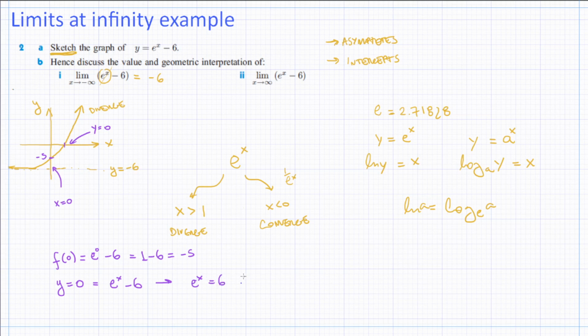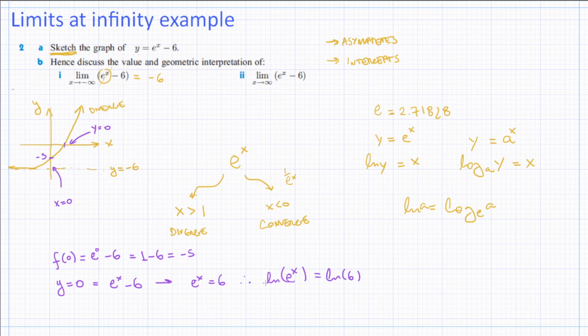Now to get rid of this, we will have to use our logs, natural logs. So if we take the log on both sides, I will write down as many steps as I can so you understand what's being done. So I'm taking the natural logarithm on both sides, and I should still have equal things. There's no reason to expect otherwise.